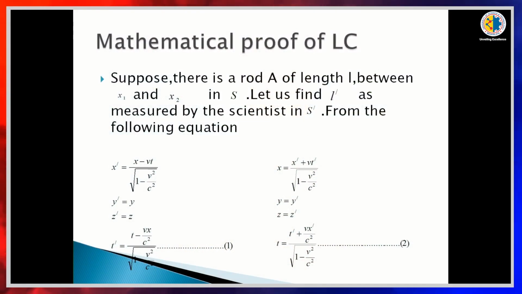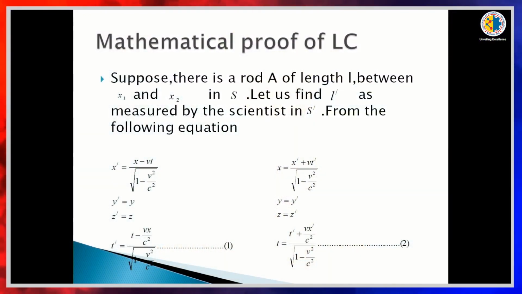So, L is the length of the rod with respect to the S frame, and L' is the length of the rod with respect to the S' frame. There are two scientists, one in the S frame and another in the S' frame. Now we are going to prove that L' is shorter than L, where L is the previous length and L' is the length measured from the S' frame.